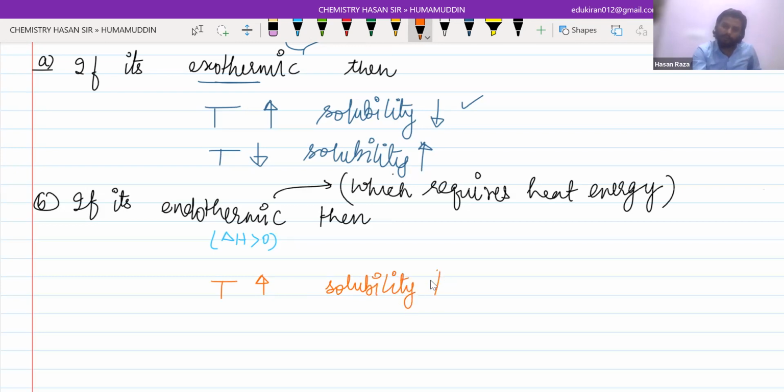If you have a solute and a solvent and you mix them, and it is an endothermic process and you increase the temperature, it will be in favor of that process, and hence solubility increases, and vice versa. If you decrease the temperature, solubility decreases. Got it?